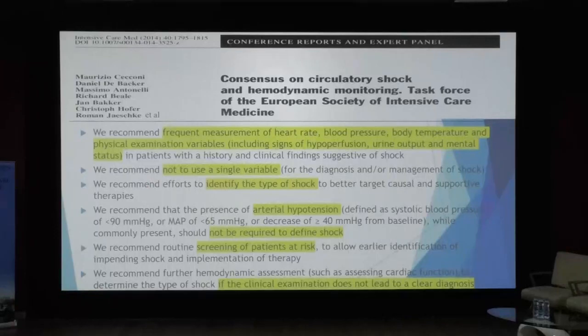We recommend not using a single variable, either a clinical parameter or an investigation. Importantly, put together the clinical parameters, investigations, and lab parameters. It is important to identify shock as early as possible, as treatment differs for each type of shock. The presence of arterial hypotension is important for invasive pressure monitoring, but it is not necessary to have hypotension for the definition of shock, as they mentioned.